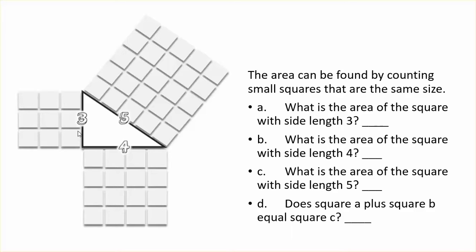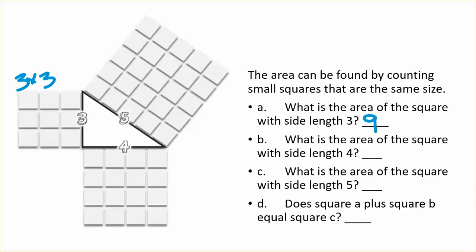When the side length is 3, I can find the area by counting the number of squares. Take a moment and figure out how many squares are in that area of the square on the left. There are 9 squares. Again, you could have gotten that by counting, or maybe you did 3 times 3.